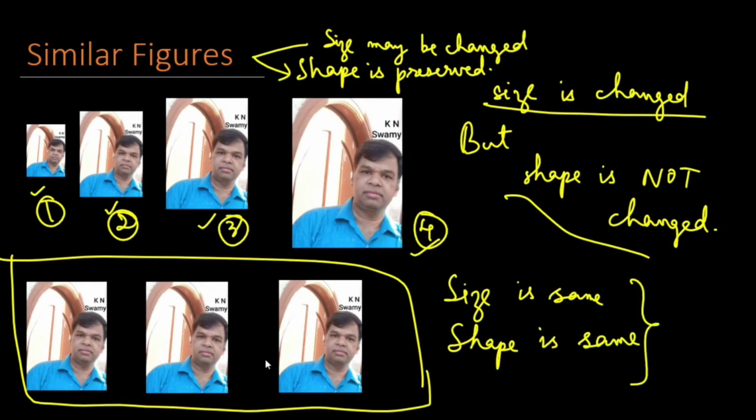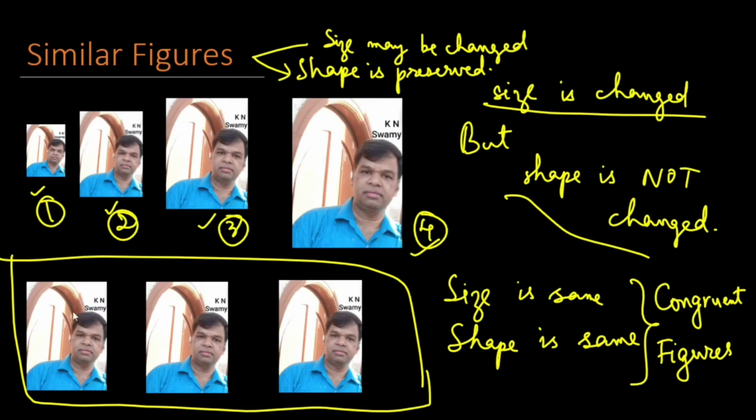These types of figures are called congruent figures. In congruent figures, the shape is preserved and the size is also preserved. They are one and the same. Such figures are called congruent figures.